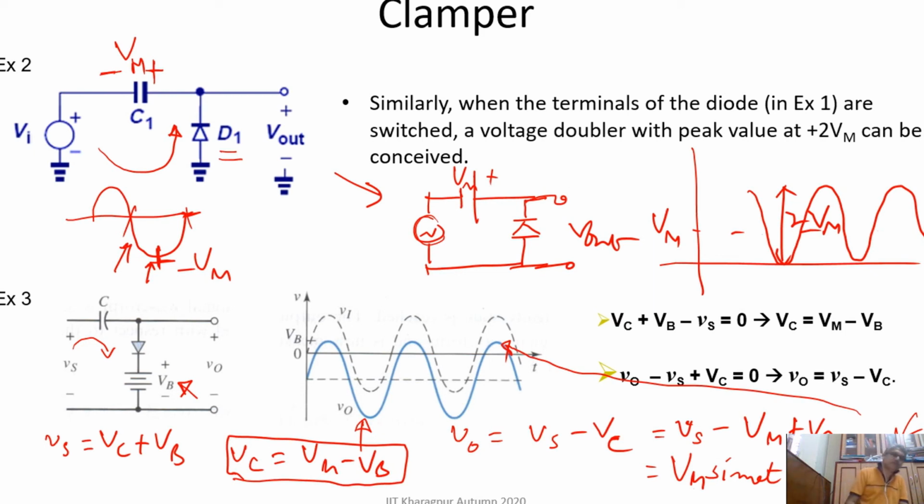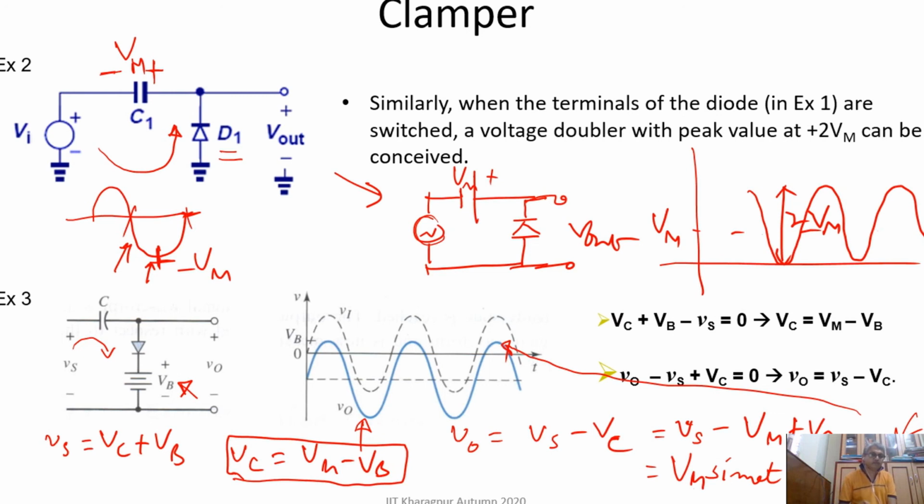With this, we are basically completing this class, in fact this chapter. In this chapter we have discussed a couple of things. We have discussed some simple examples of diode circuits. Then we discussed rectifiers and a DC power supply, where we used the diode as a rectifier.